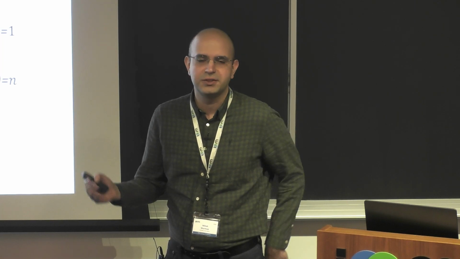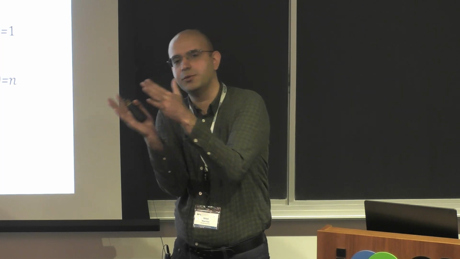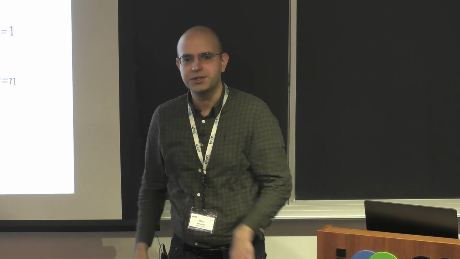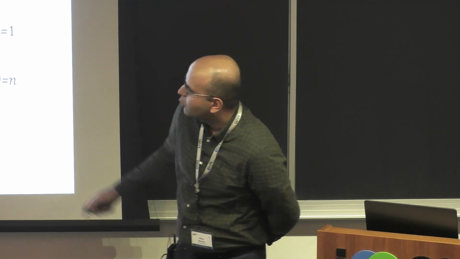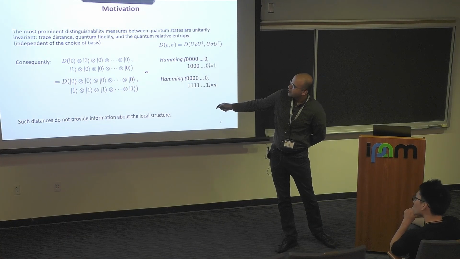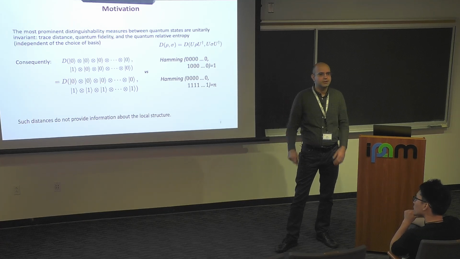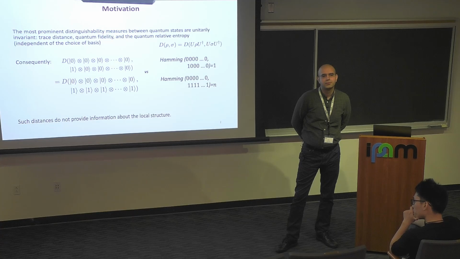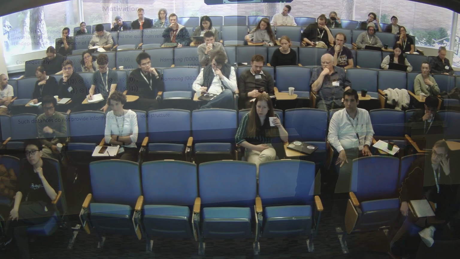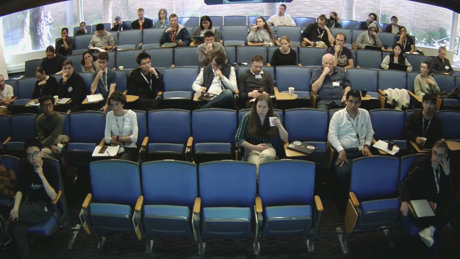These are all unitary invariant. Just look at the overlap of the states. If you rotate both of them, the overlap doesn't change, right? The overlap of the first state and this one is 0. The overlap of this one and this one is also 0. And that's what fidelity is going to give. Oh, okay, I'm sorry. I was reading that as one long bit string. I thought, okay, I understand.